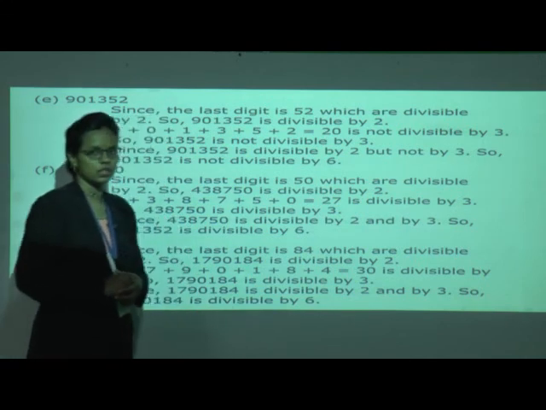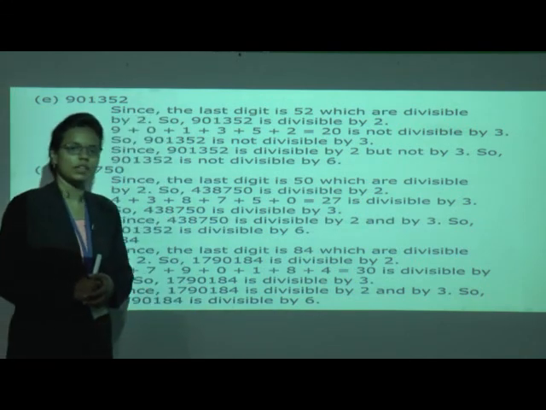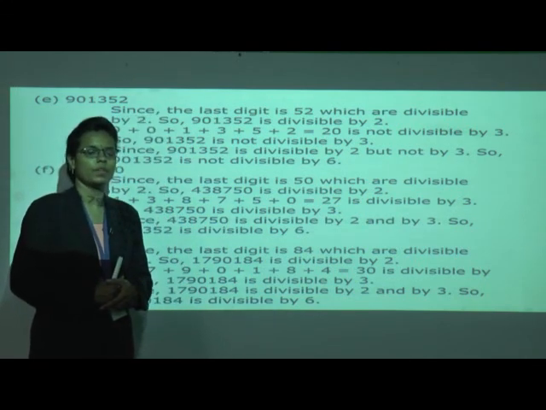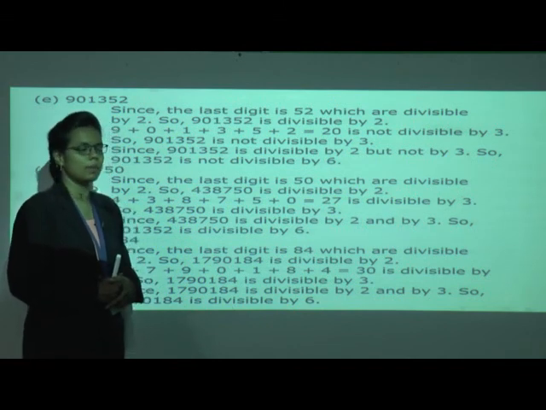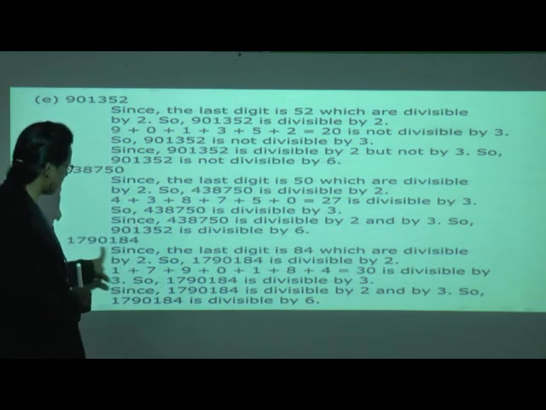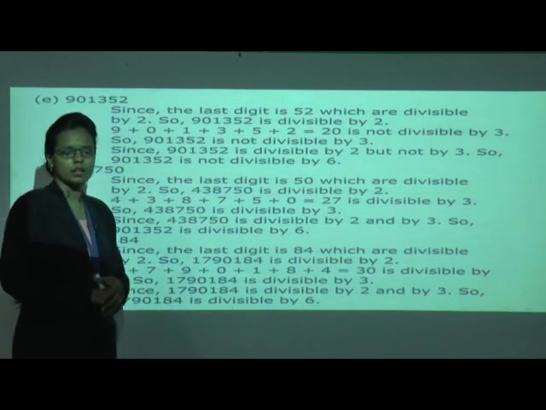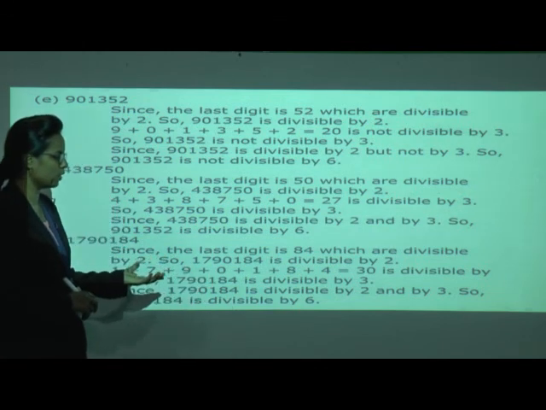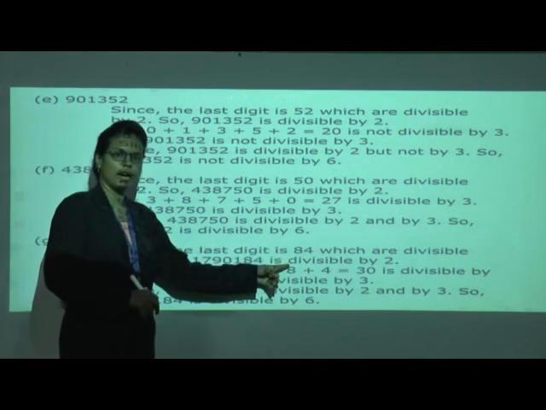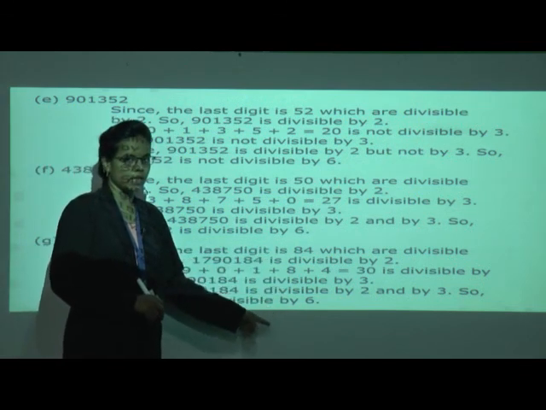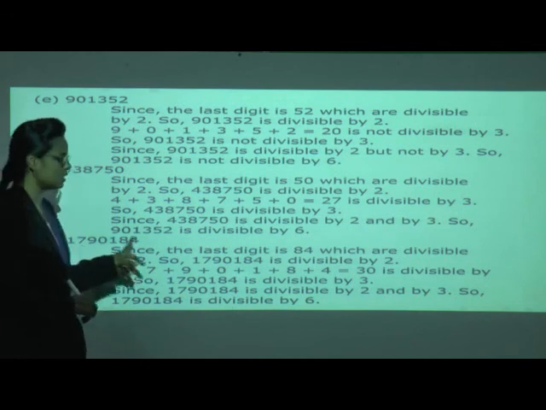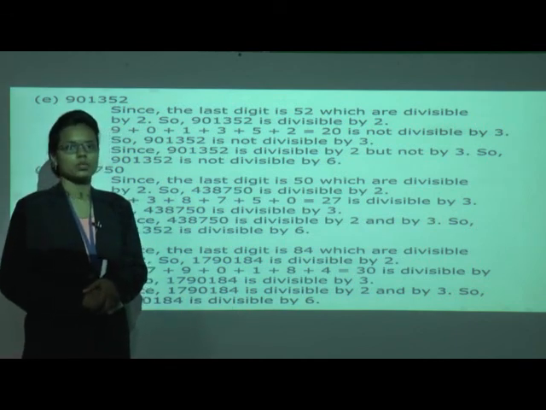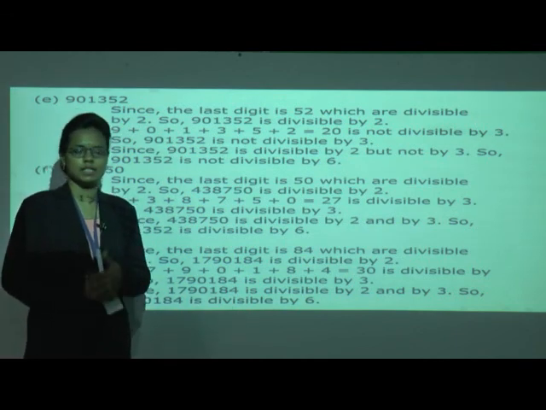We got 30. Is 30 divisible by 3? Yes, 30 is divisible by 3. As it satisfies the rule of being divisible by 2 and also by 3, the given number is divisible by 6.